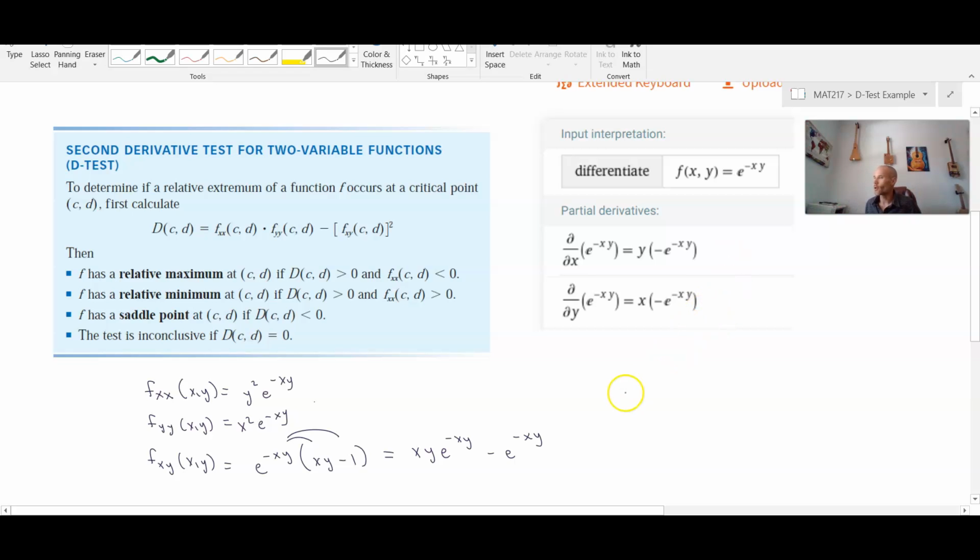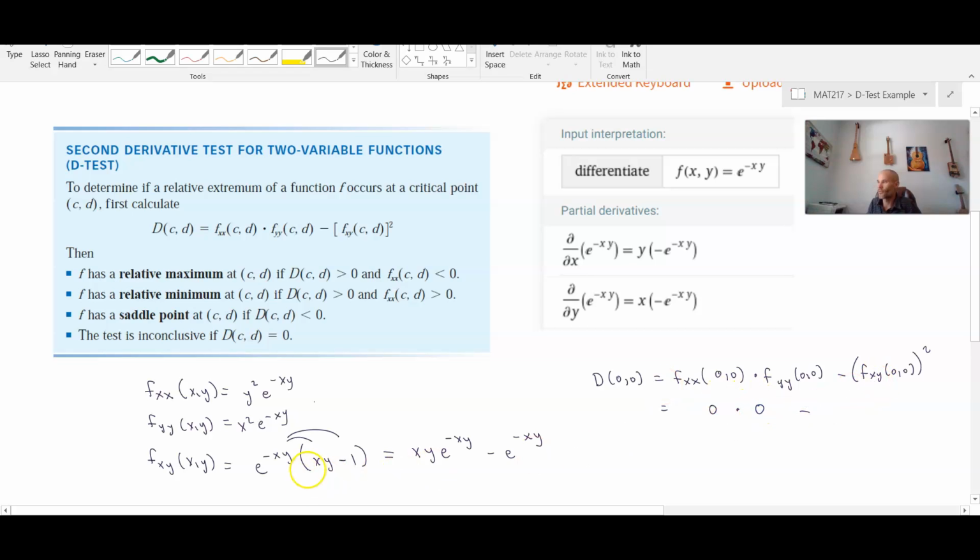So now we would go about carrying out our D test, just like we did before, D of 0, 0. So we would take the second derivative with respect to x, plug in 0, 0, multiply that by f sub yy, plug in 0, 0, minus the quantity f sub xy evaluated at 0, 0 squared. And so by eyeballing these, if I plug in 0 for x and 0 for y, I'm going to get 0.